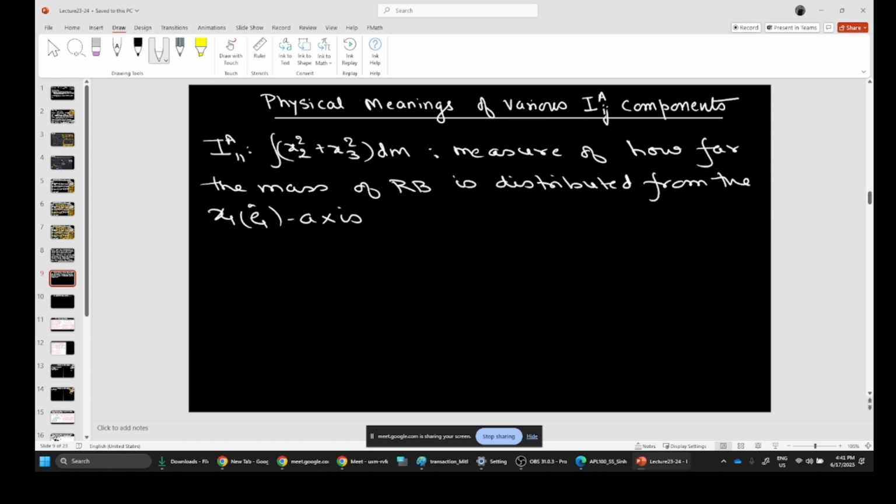It is the measure of how far the mass of the RB is distributed from the x1 e1 axis. If I go back to this diagram, take a more regular shape, it will be easier to visualize the physical meaning.